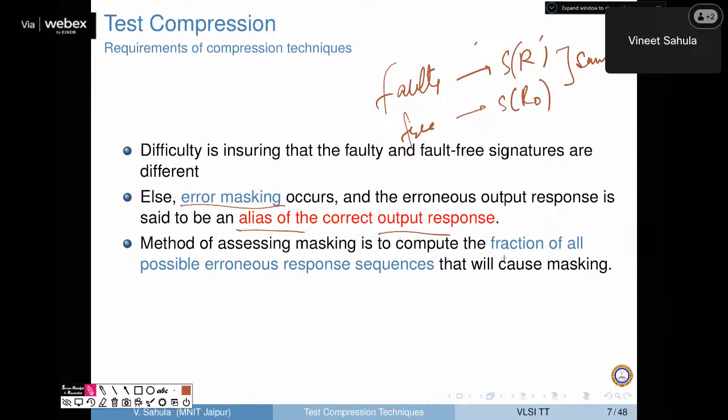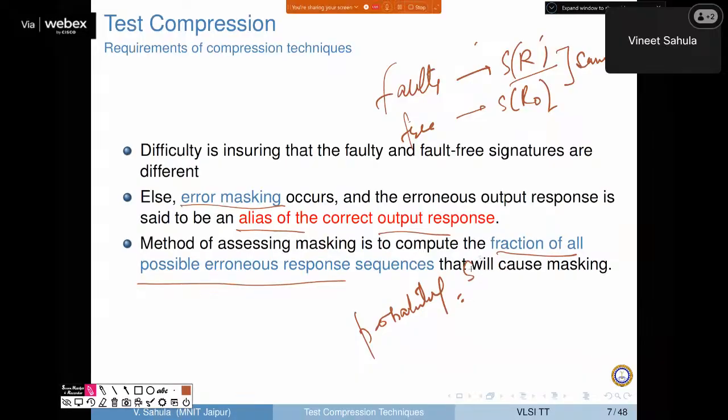So we try to find the fraction of all such possible erroneous responses, and say that this is the probability of aliasing. This means those signatures which are the same as golden: the number of such SR prime signatures divided by the total number of signatures.